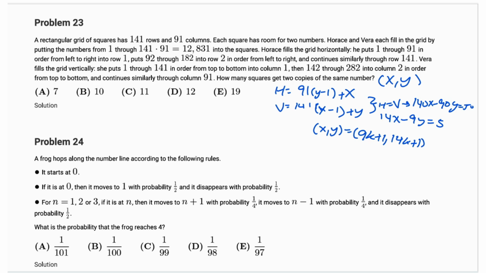And we see that if x and y are equal to 1, then that satisfies the equation. So we evaluate this for k, and we know that since 1 is less than or equal to x is less than or equal to 91, and 1 is less than or equal to y is less than or equal to 141, we see that both of these give 0 is less than or equal to k is less than or equal to 10. And so there are 11 possible values for k. And so we have 11, which is C.